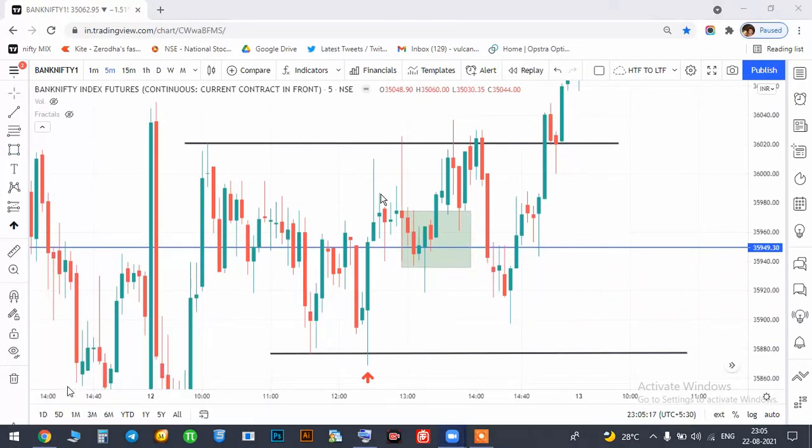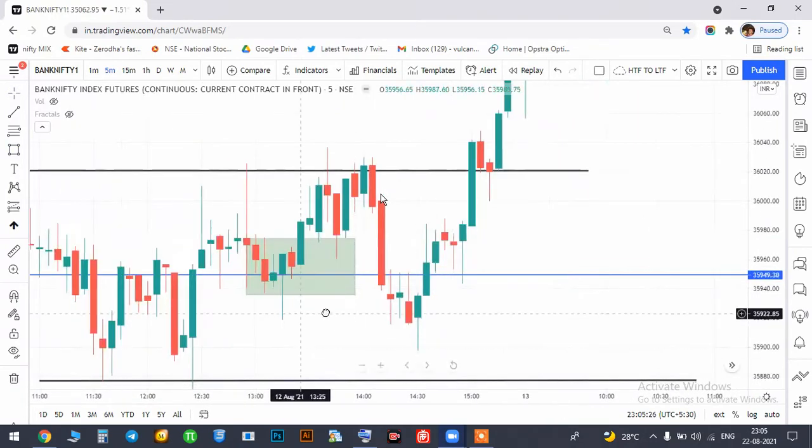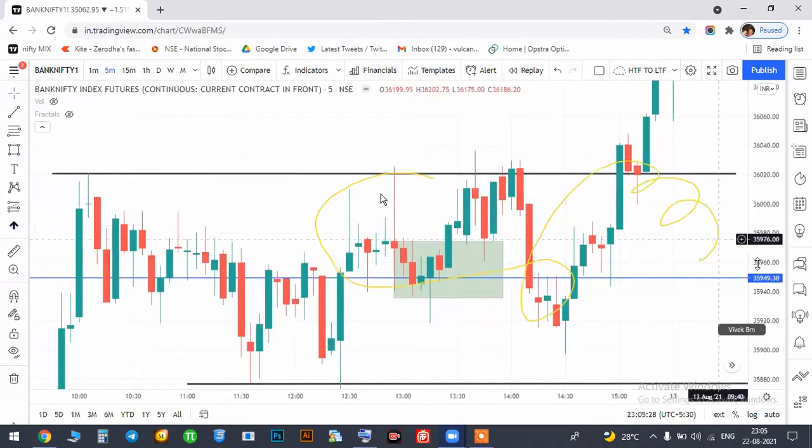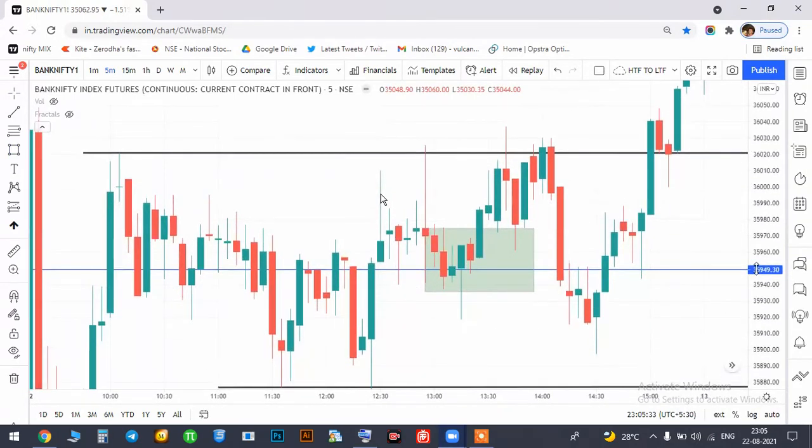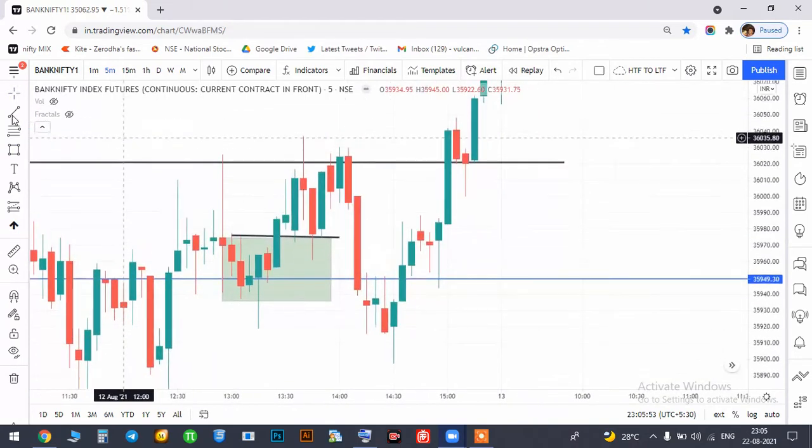Yes. So in this area, what I teach you is that when price breaks the red candle low, red candle high, with the momentum, this becomes your order block and you can buy here for the older swing targets, like here.